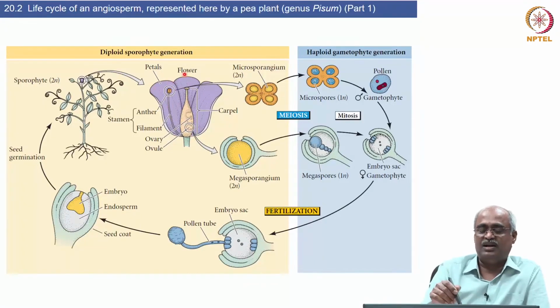In the flower, all of you know what a petal is, and inside the petal you have something called a filament. At the end of the filament there is a structure called the anther. This is the male reproductive organ, and the filament and anther together are called the stamen. So, the stamen is like the testis.